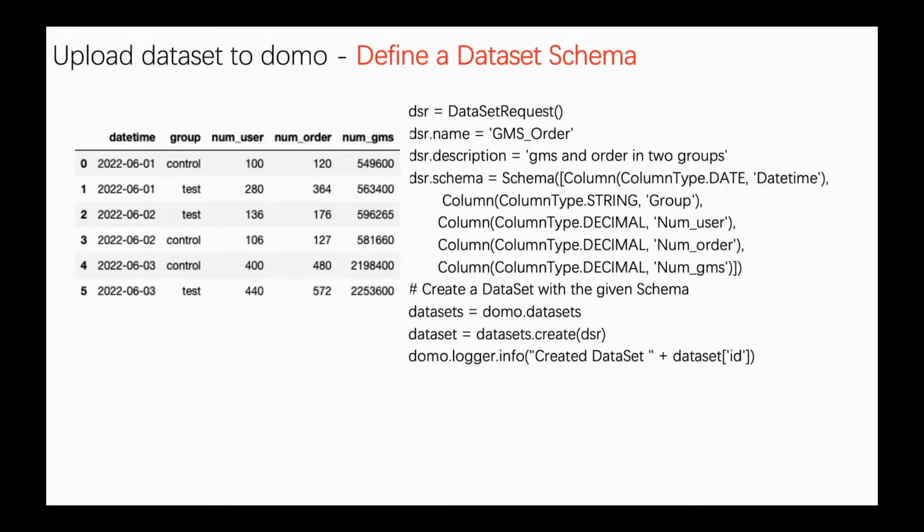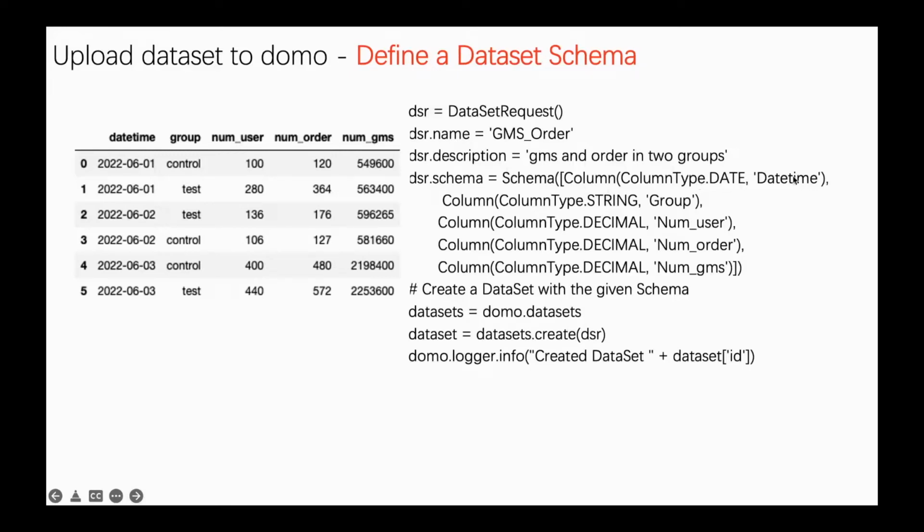Before uploading our data to Domo, we first need to create a dataset in Domo. This is a dataset schema. For example, the dataset name is GMS order, and the description is GMS and order in groups. The dataset schema has about 5 columns.